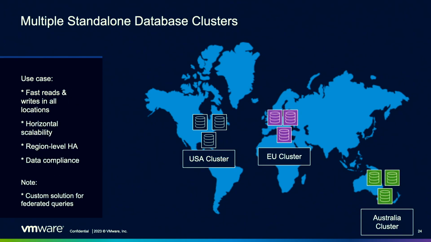What else? What if you want to boost read and write performance? Because with read replicas, you will be able to accelerate your read requests, but not writes. Writes still need to go to the United States. Then, another classical solution, you can always deploy multiple standalone database instances in all of those locations, but there is a trade-off.